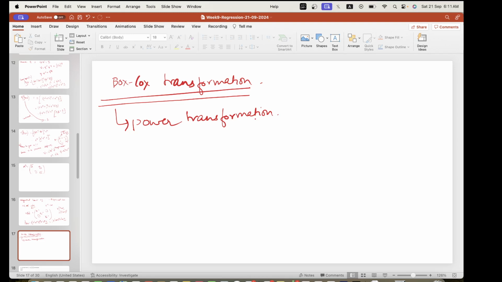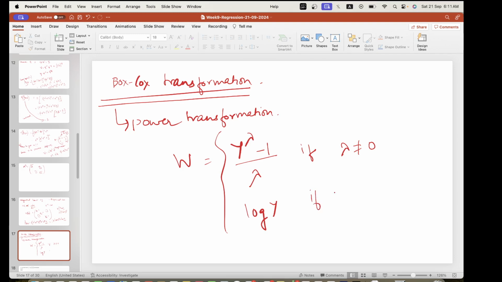What is the transformation? How does it look like? It looks like this: W equal to (y to the power lambda minus 1) by lambda if lambda not equal to 0, and log of y if lambda equal to 0.